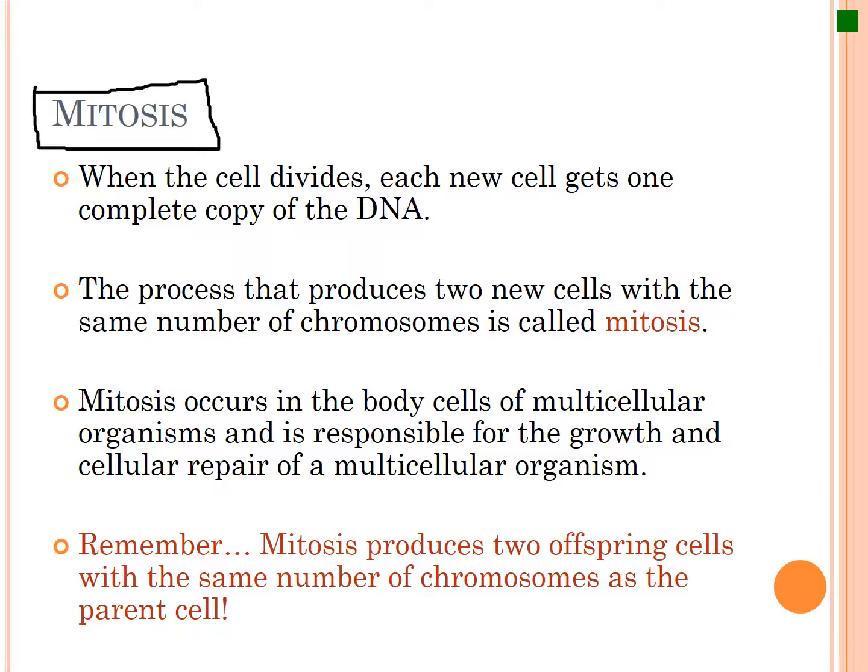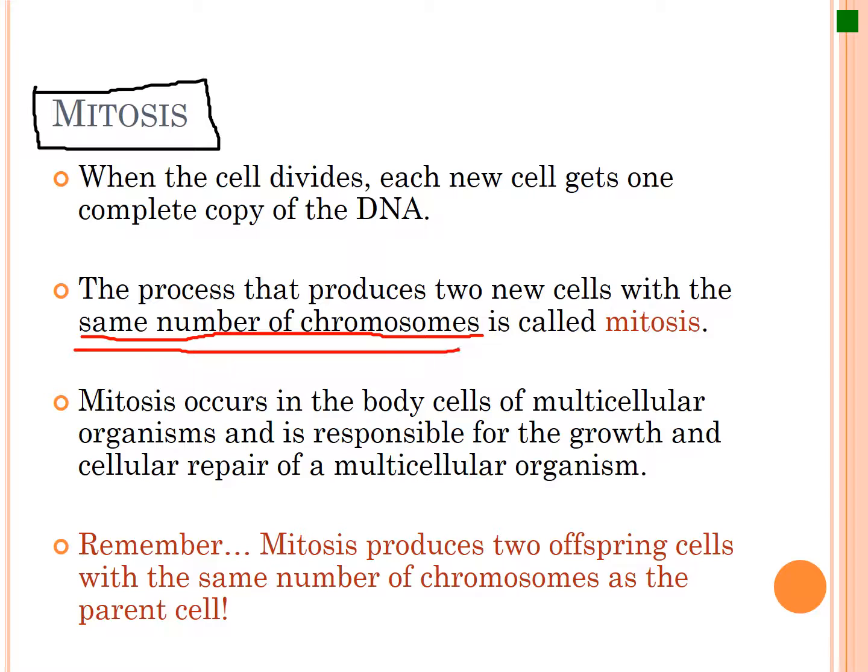All the genetic information from the parent gets passed on to the offspring. The process that produces two new cells with the same number of chromosomes is called mitosis. The critical part here is the process that produces two new cells with the same number of chromosomes, okay?